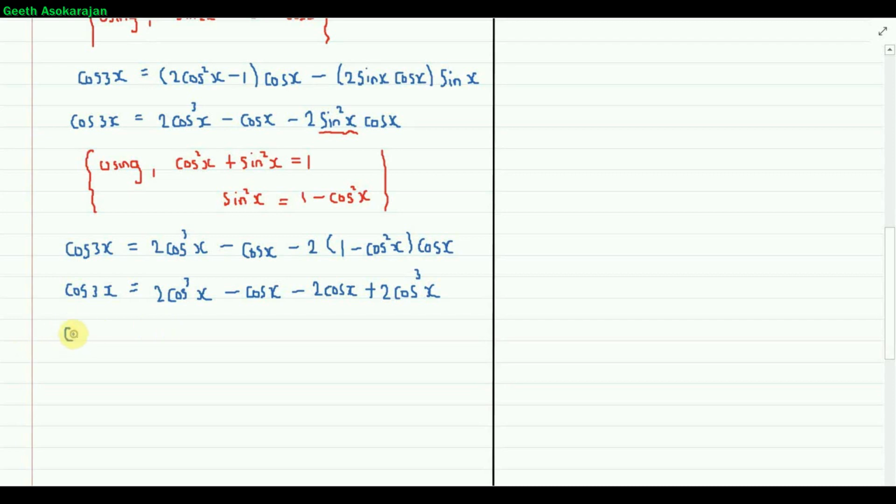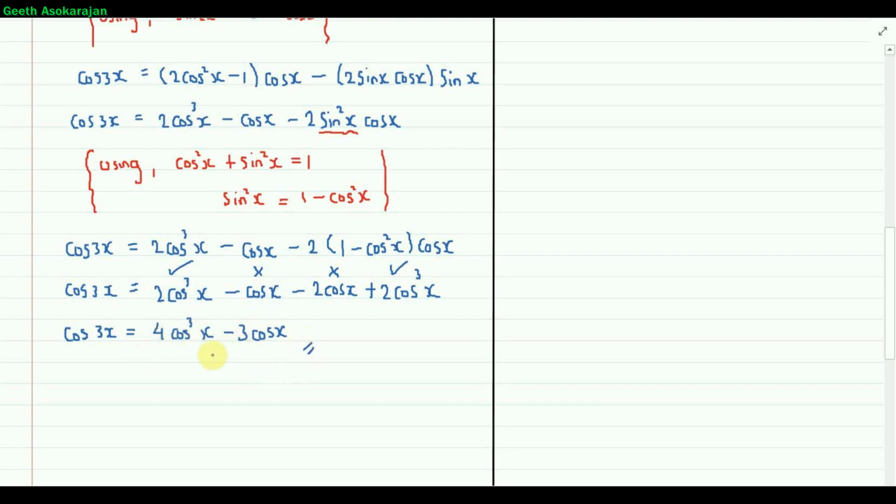So I'm going to simplify, so that step's going to follow. On the right I've got 2 cos cubed x plus another 2 cos cubed x, that being 4 cos cubed x, and I have a minus cos x minus 2 cos x, that sums to minus 3 cos x.